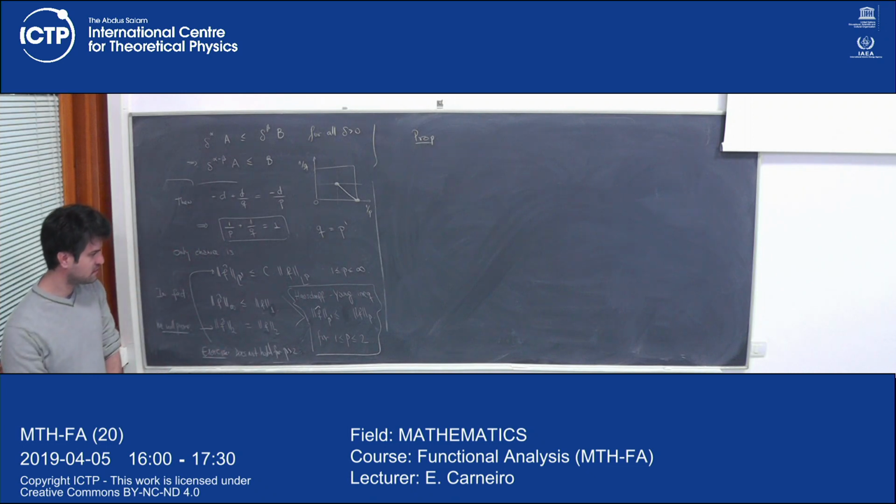So if this is true, then for two values of p, one and its conjugate, we would have the equality. And this would prove that for p not equal to 2, this is an isometry. Right?